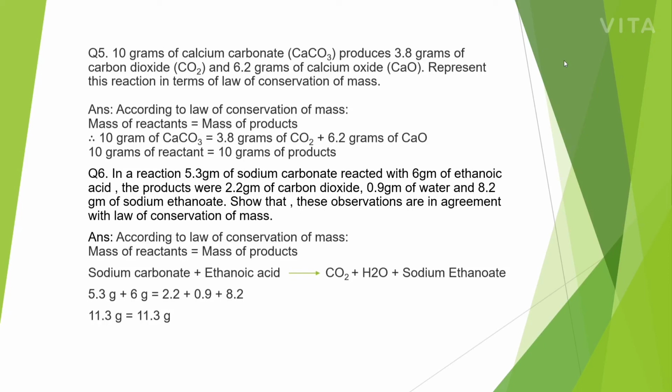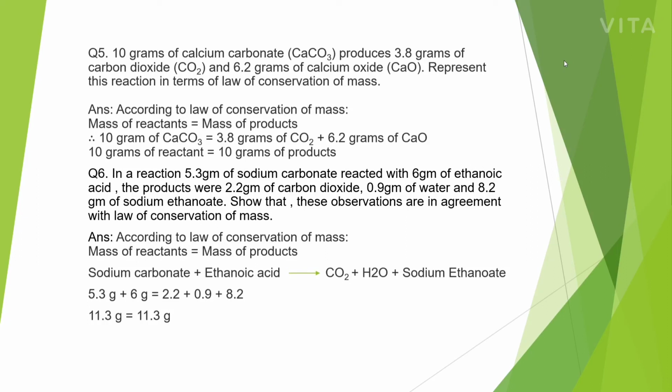Now our next question is, in a reaction 5.3 grams of sodium carbonate reacted with 6 grams of ethanoic acid. Now the products were 2.2 grams of carbon dioxide, 0.9 grams of water and 8.2 grams of sodium ethanoate. Now show that these observations are in agreement with the law of conservation of mass.